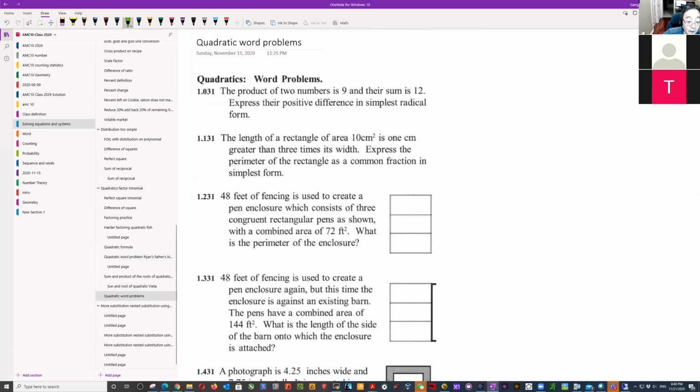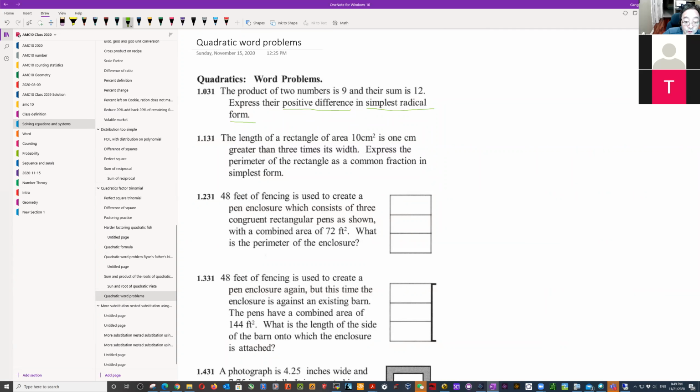The product of two numbers is 9, and their sum is 12. Express their positive difference in simplest radical form.